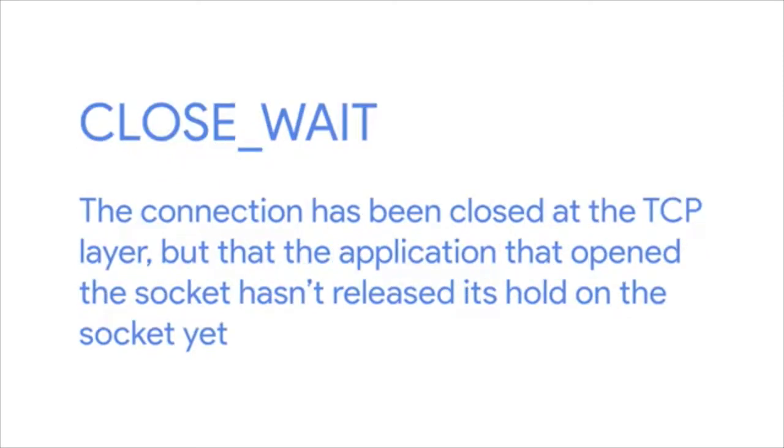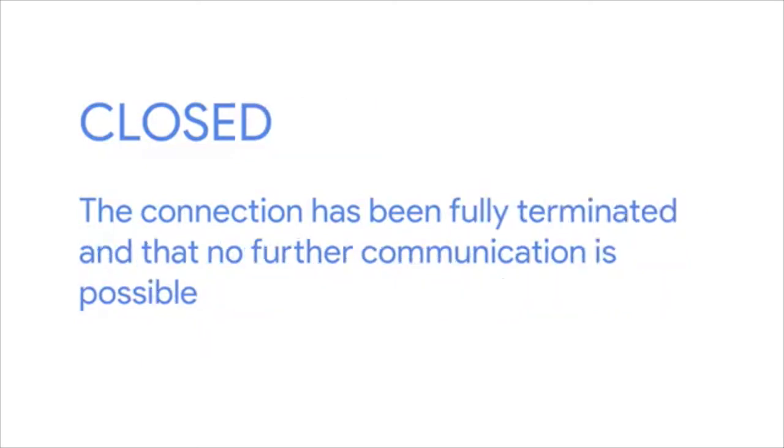Close wait. This means that the connection has been closed at the TCP layer, but that the application that opened the socket hasn't released its hold on the socket yet. Closed. This means that the connection has been fully terminated and that no further communication is possible.